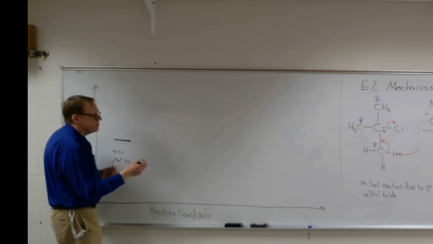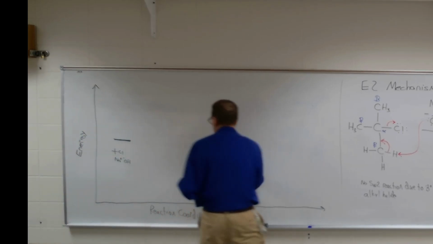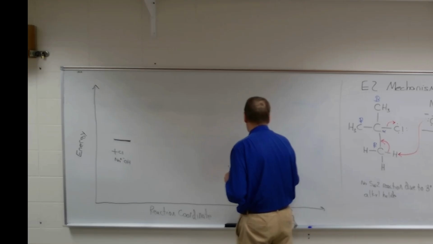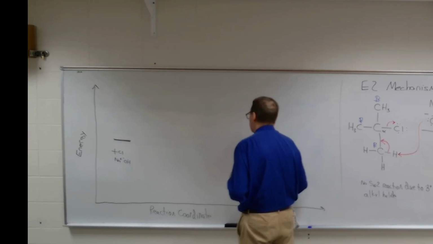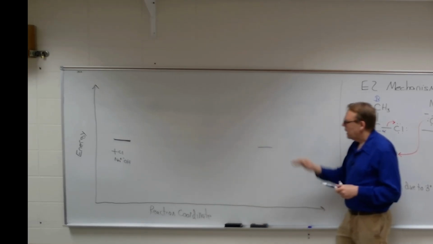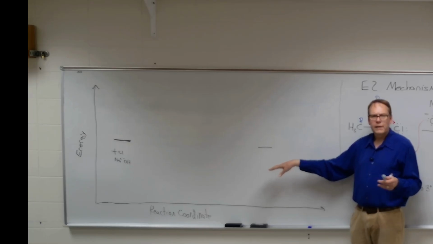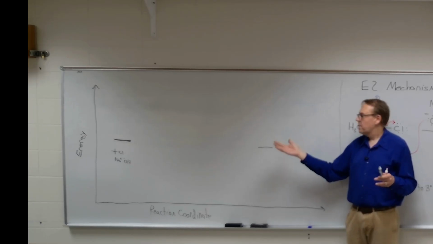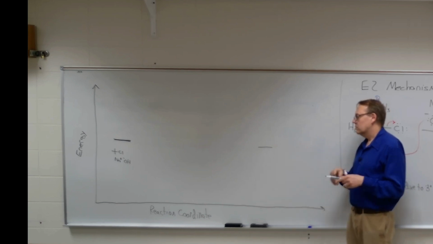Then there's the products, which I'm going to draw right here. And I'm purposely not drawing them lower in energy because a lot of times alkenes aren't actually lower in energy than the alkyl halides they come from, and we'll talk about why that is.